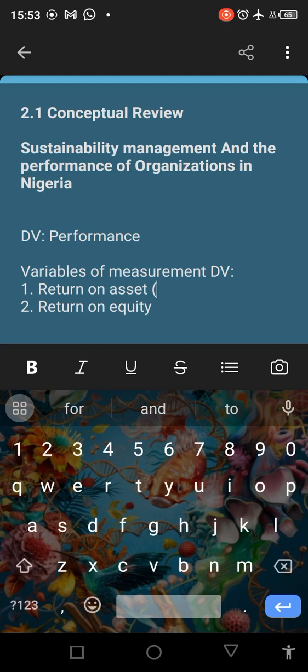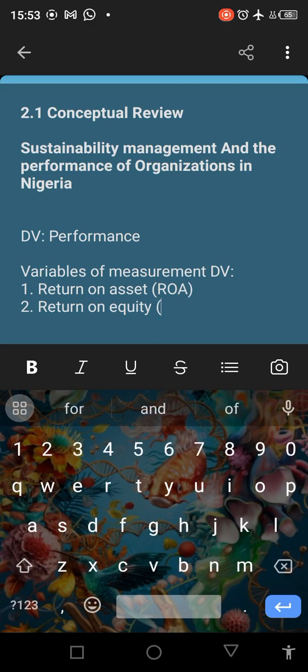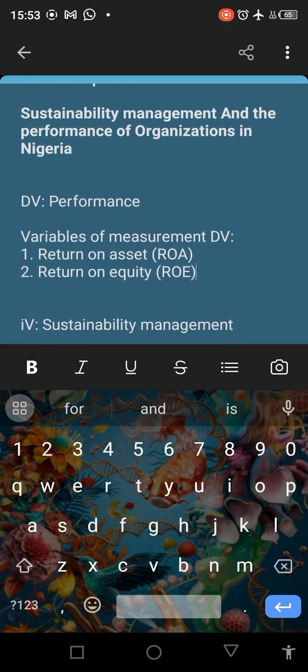What I have here is ROA, and what I have here is ROE. Let's assume that I am limiting my variables of measurement under performance to these 2 variables.